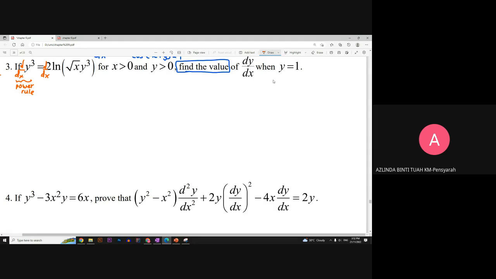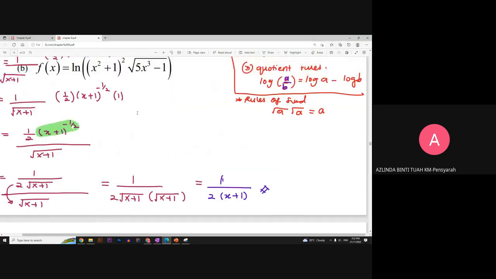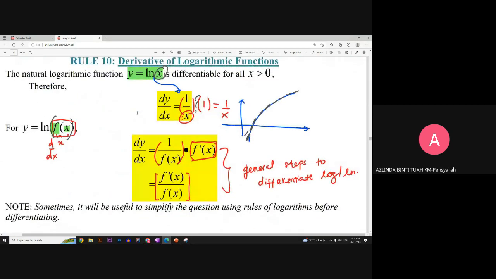And then on the right hand side, I'm going to use the differentiation of log. If I'm not mistaken, rule number 9? This part. Number 10. To differentiate ln or log, when we have ln fx, it's going to be 1 over fx times f prime x, or f prime x over fx.